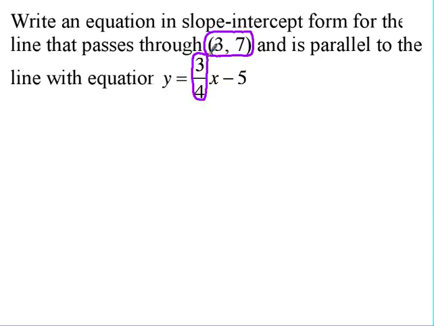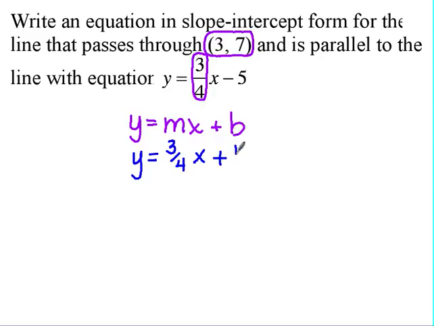So since I'm writing in slope-intercept form, remember from yesterday, this is slope-intercept form. And if you forgot, you've got that gold sheet that you can use to go ahead and find what slope-intercept form is. So I'm going to go ahead and plug in the slope, 3/4. What do I do now to finish off the problem?